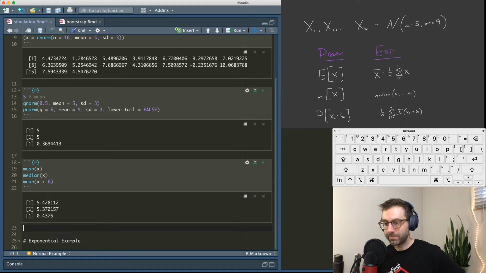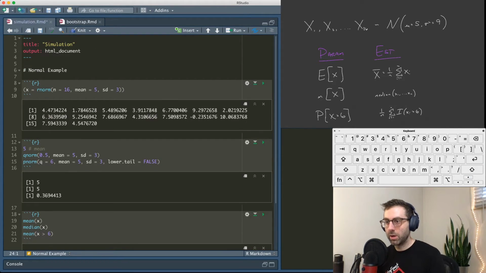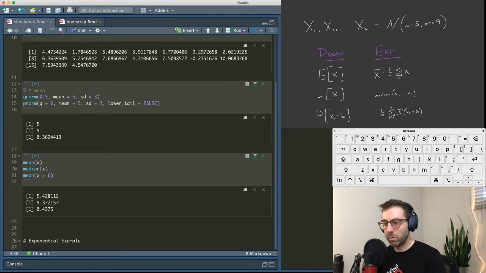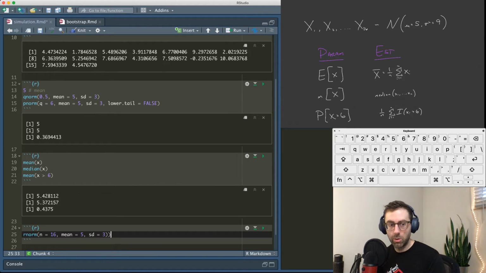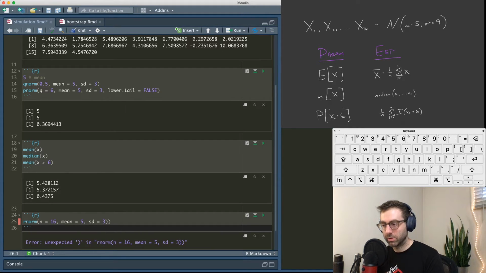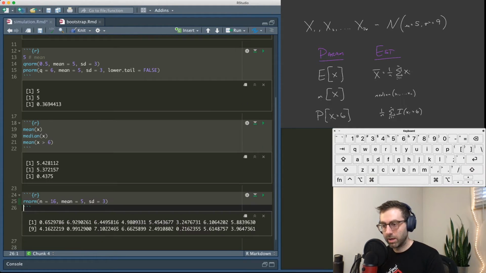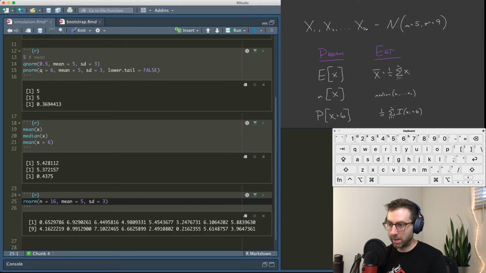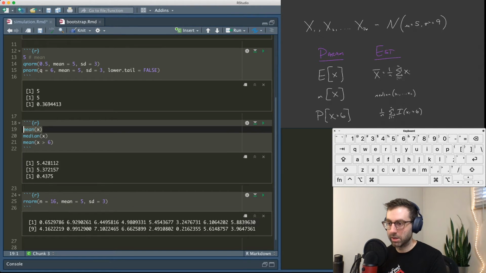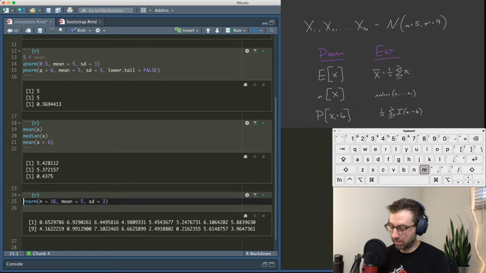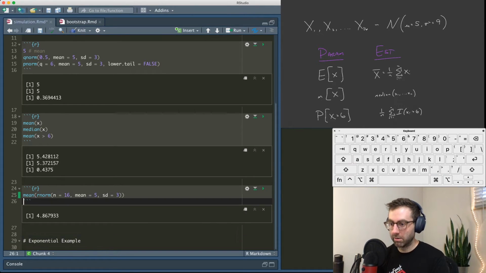Well, so what we're going to do is we want to repeatedly generate samples. And then let's first investigate the mean. So I want to each time calculate the mean of that thing.